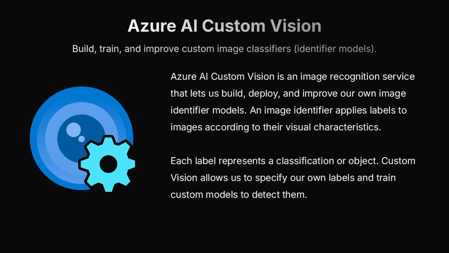Each label represents a classification or object. Custom Vision allows us to specify our own labels and train custom models to detect them. In simple terms, build, train, and improve custom image classifiers, that means identifier models.